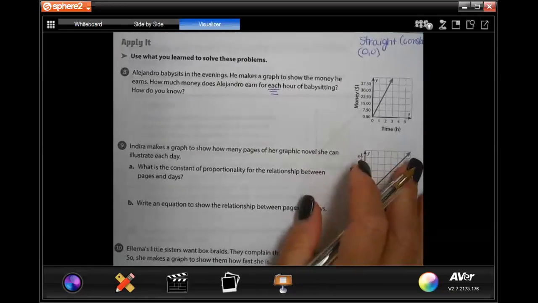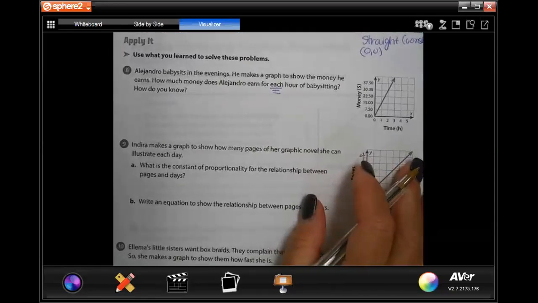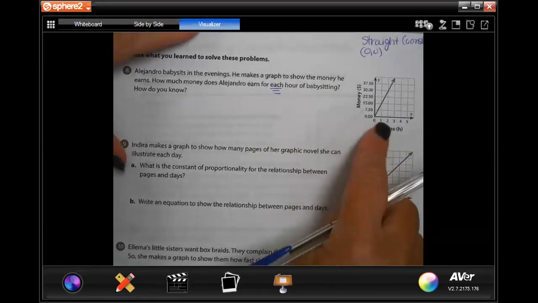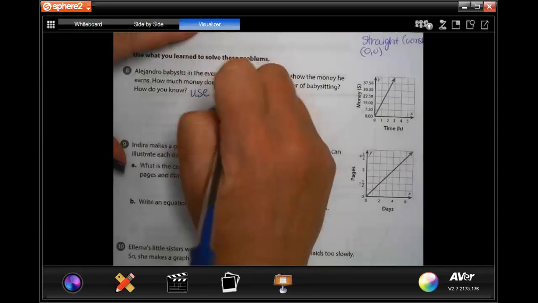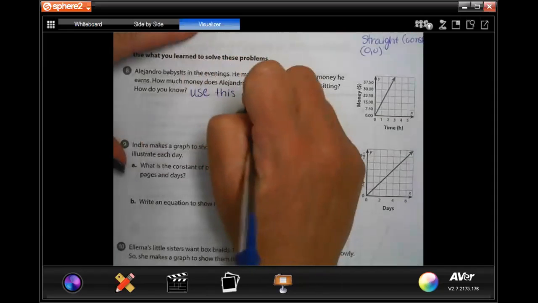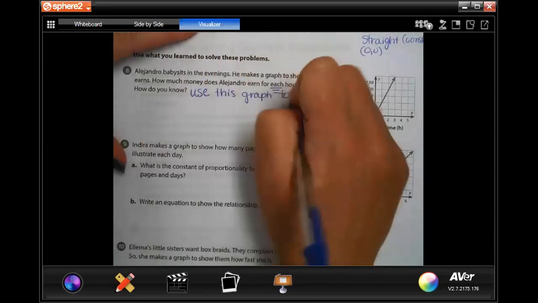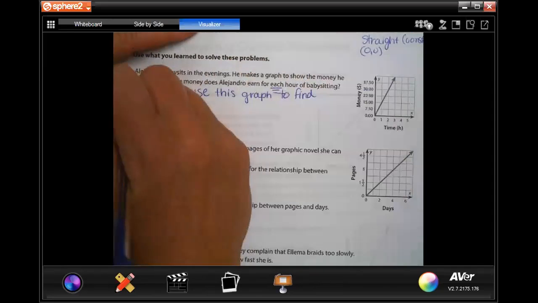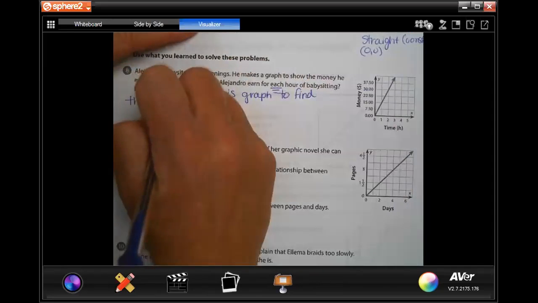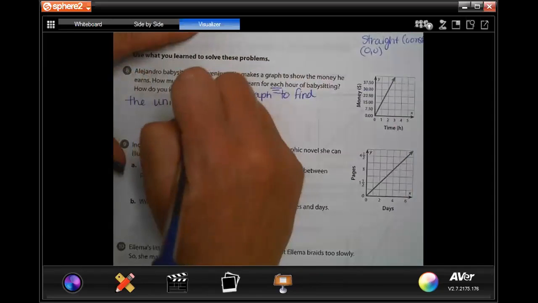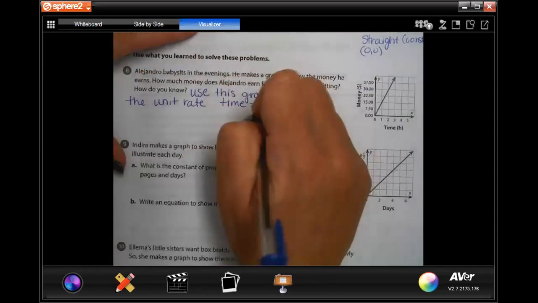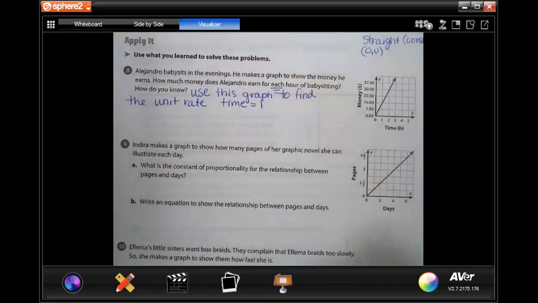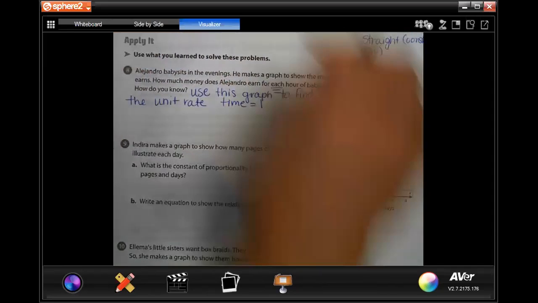In order to figure that out, we are going to use this graph to find the unit rate. And to do that, we are looking for when time equals 1.